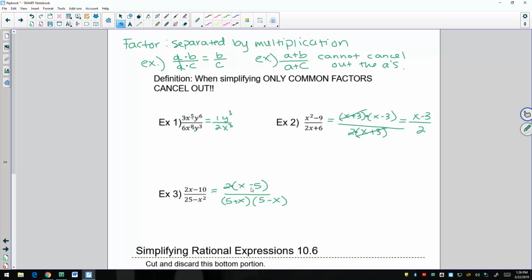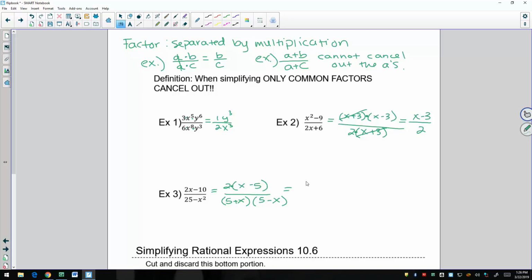Some of you may be tempted to cross off the x minus 5 with the 5 minus x. That is not the same. If you don't believe me, just plug in a number for x. 10 minus 5 is not the same as 5 minus 10. But what you can do is you can pull out a negative 1 from the 5 minus x, and then it will actually be the same as x minus 5.